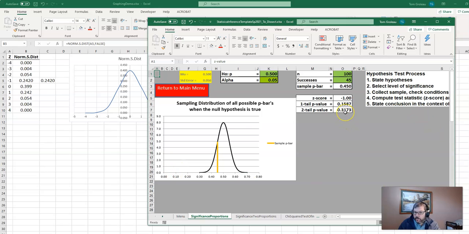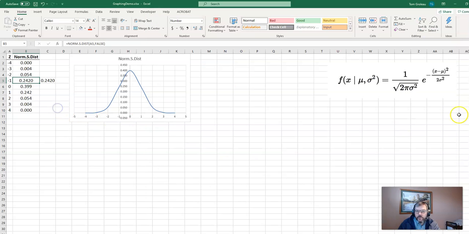That's how these p-values are being calculated. False tells you what is this point on this curve. So this function is this curve. When I do true, it's integrating this function from whatever point I'm at all the way to the left, to negative infinity. So I wanted these to be false because I don't need the probabilities, I just need the curve.